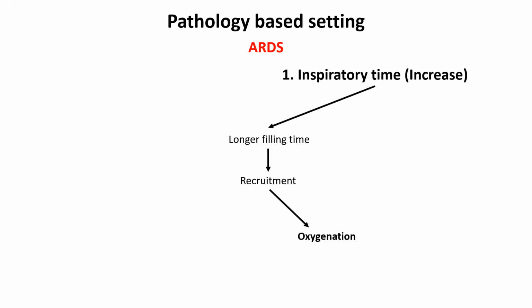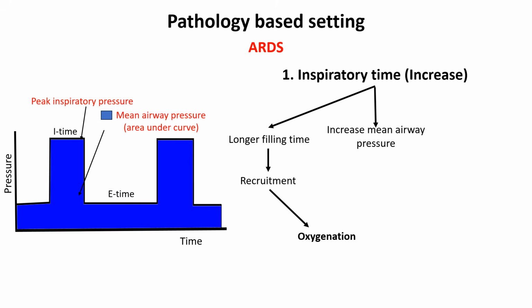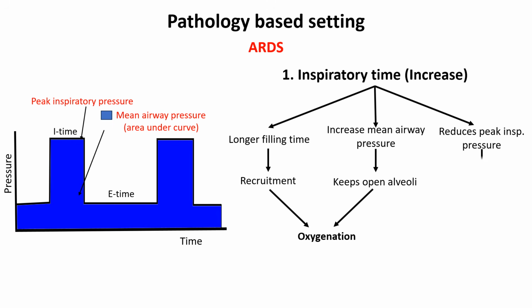A longer inspiratory time also increases mean airway pressure, which is the average pressure applied to the airways throughout the respiratory cycle. The increased mean airway pressure improves oxygenation by keeping alveoli open longer. Lastly, increasing inspiratory time reduces peak inspiratory pressure, reducing the risk of barotrauma.